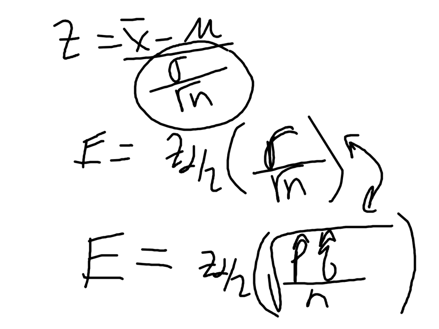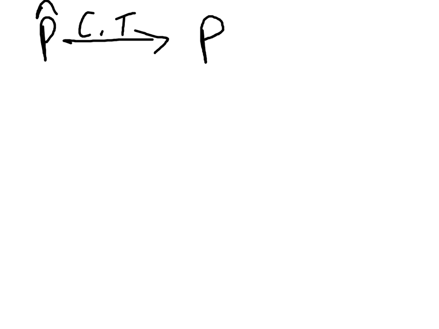Again, you'll have to do some reading, but I'll try to hit as much of the theory as possible. Remember, the idea here is to find this p hat, this sample proportion, and relate that to the true population proportion. We're going to do that by setting up a confidence interval using our z-tables.